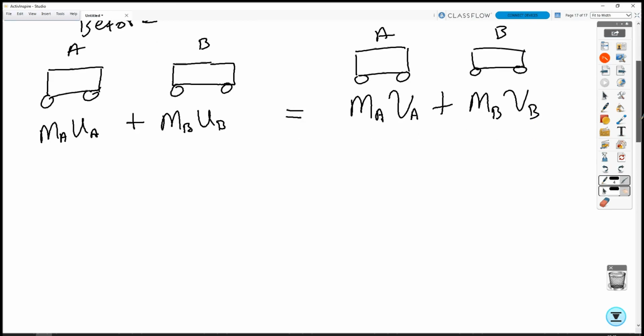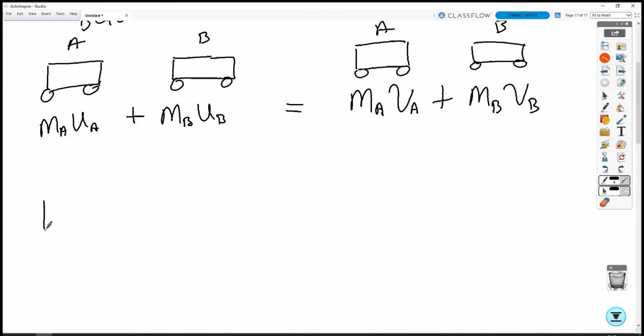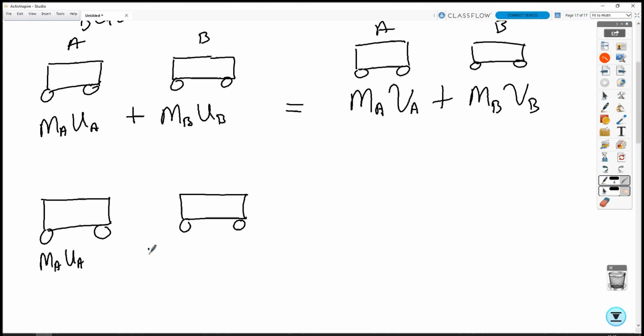If they were to coalesce, then we start with a similar situation. So we've got MAUA plus MBUB equals to. But after the collision, if they've stuck together, they're moving as a unit.